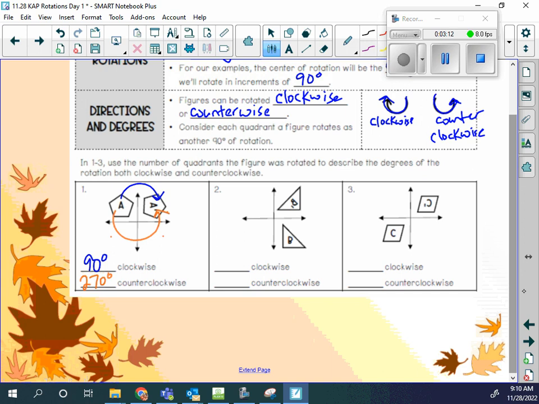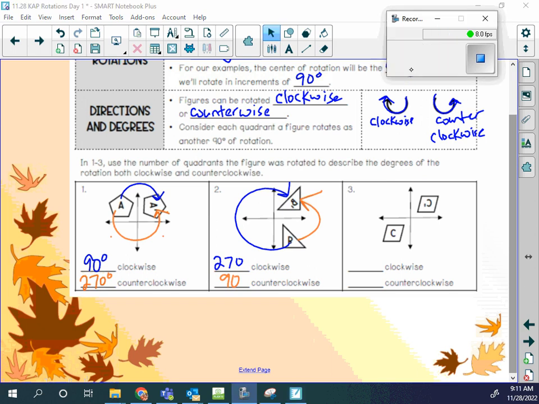B to B prime. So one way is when I go clockwise, like this, how much did it go? 90, 180, 270. Or if I went counterclockwise, it went 90. Okay? Let's go ahead and do the last one. If you're at home, pause the video.